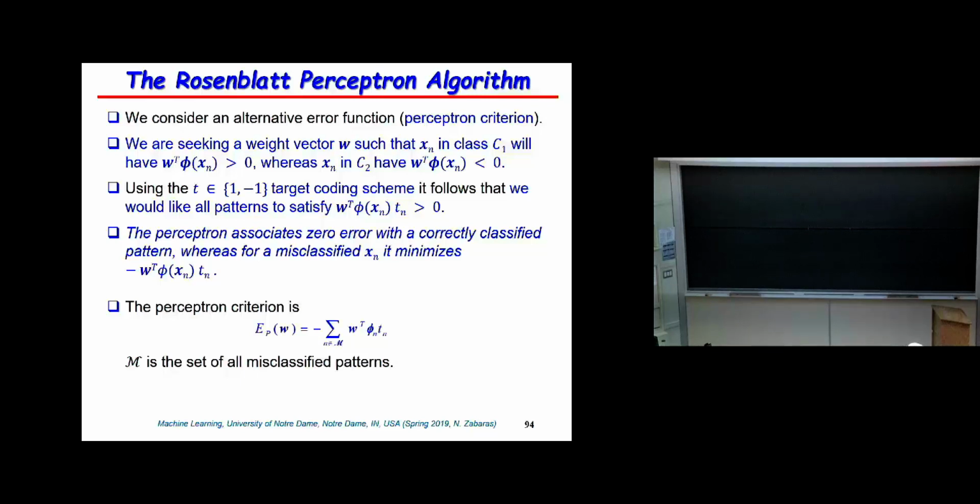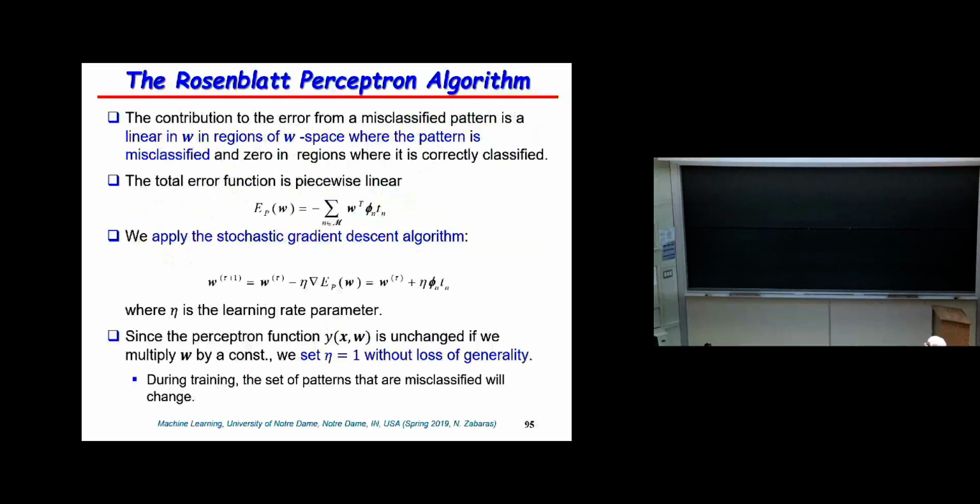It's negative. So negative and negative, and I'm going to get an error. You see that? The error that I'm going to consider is W transpose phi, which is a scalar, times Tn, but only for the misclassified points. If a point is classified correctly, there is no error. So the summation here is over the misclassified points.